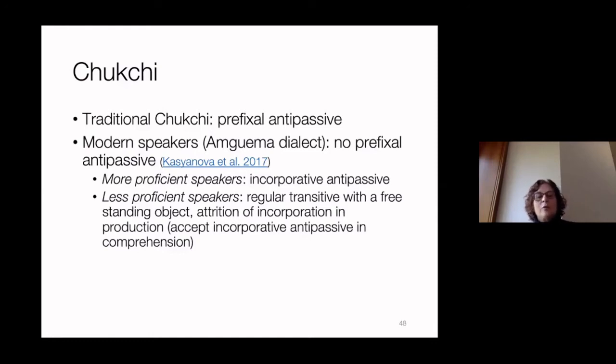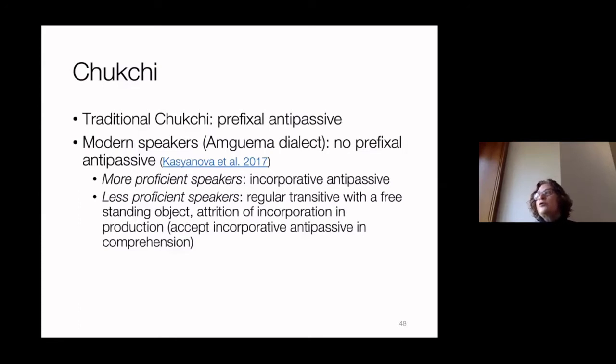What you also see in production is that more proficient speakers use incorporative anti-passive, whereas less proficient speakers use a regular transitive, but do accept incorporation in comprehension. So they don't produce certain things, but they still accept it. That's important because a lot of work on heritage languages is based on what these people produce.